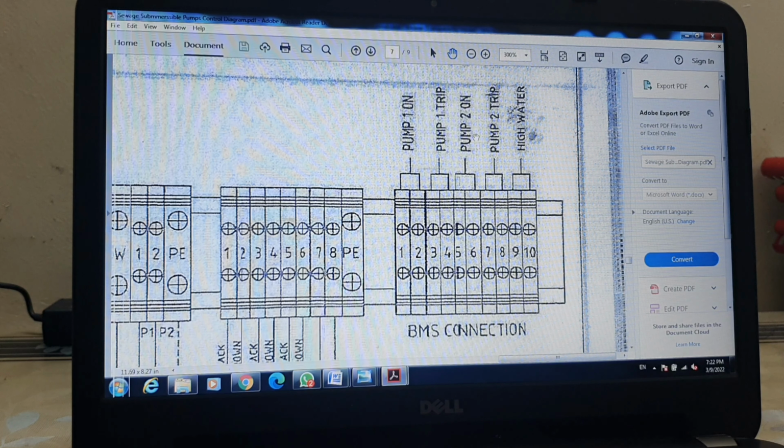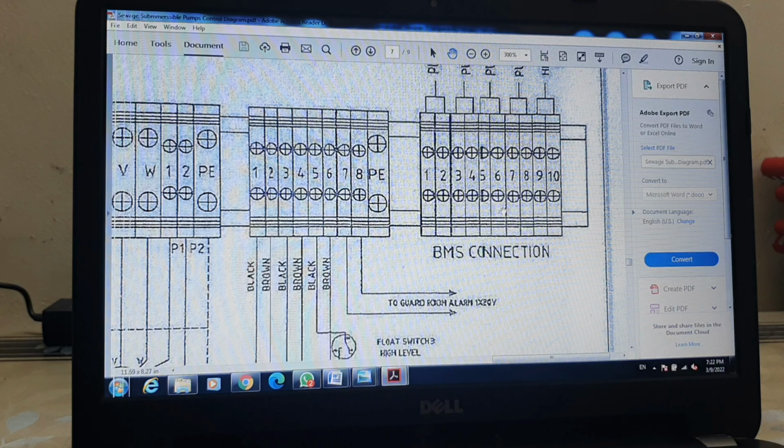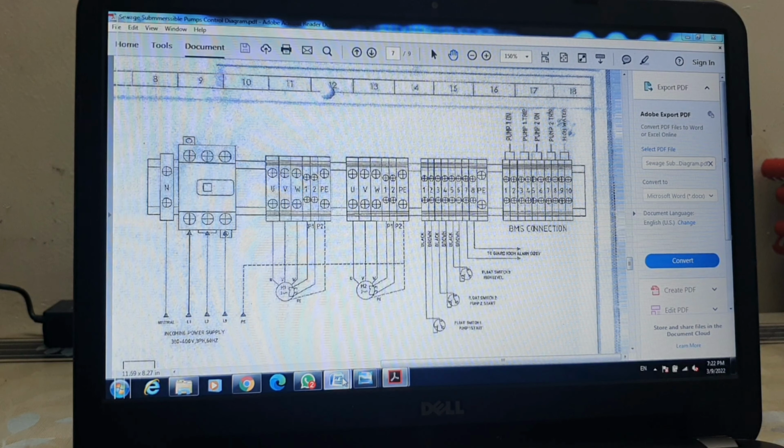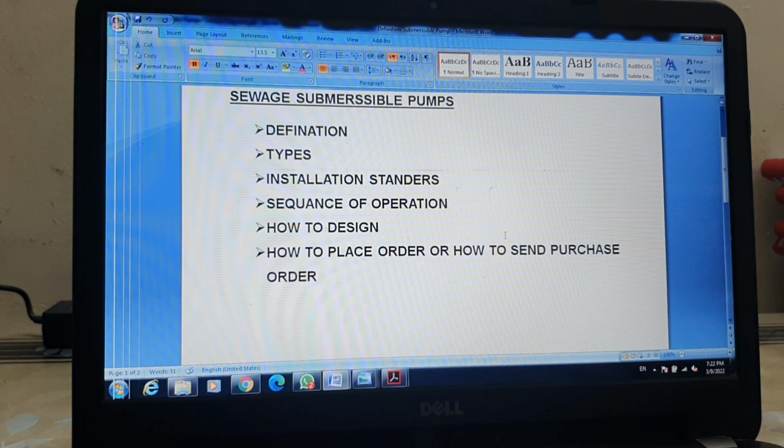If pump 2 is on, they will get the signal that pump 2 is on. If pump 2 is tripped, they will get the signal that pump 2 is tripped. In case of high level, they will also get information that there is a high level, so they can immediately take the necessary action. So friends, I hope you understand very clearly.